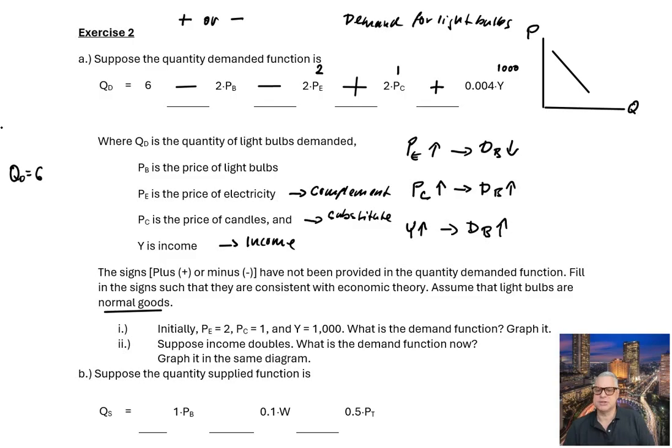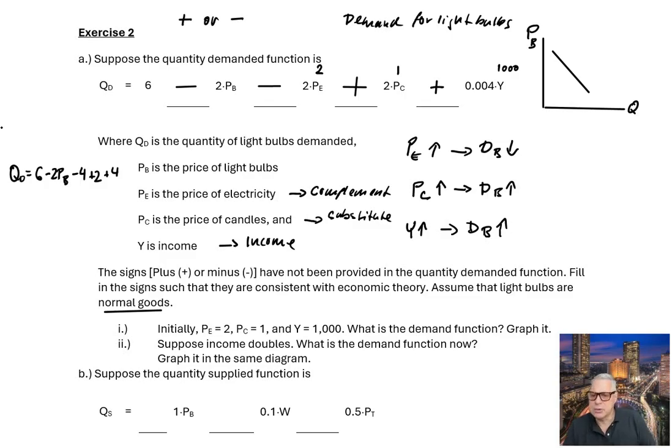So then we have 6 minus 2 price of bulb. So here we have basically the price of the bulb, minus 2 times 2, so minus 4, plus 2 times 1, so plus 2, plus 0.004 times 1,000, that is plus 4.